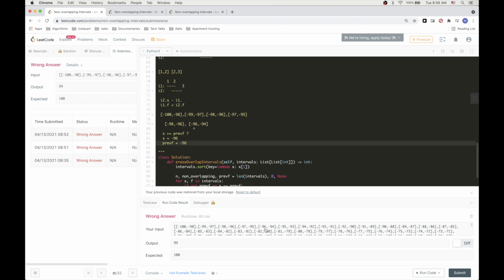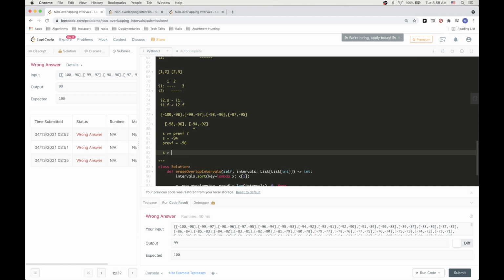Okay, trying to find the case where, let's say I had this as 94 and this as 92, right? So 96, and here the previous f would be 90, this would be 94.